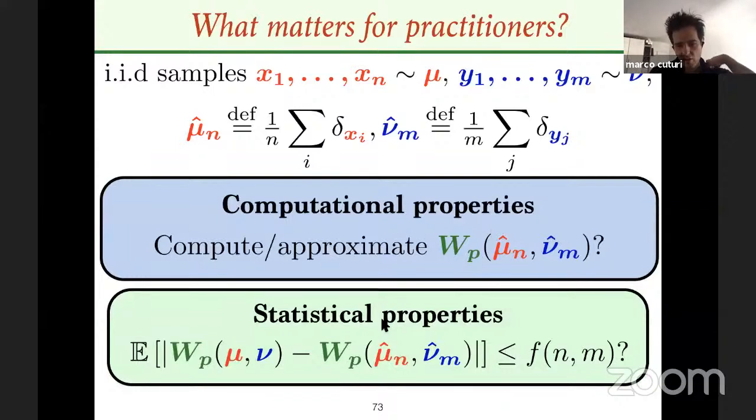The way you would typically have results is essentially: is there a way to bound, in expectation with respect to the samples, the difference between the Wasserstein distance between the two measures and the one from samples, as a function of the size of the samples, n and n? So you would like to see a decrease in this difference as n increases.